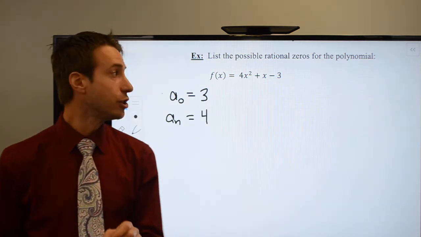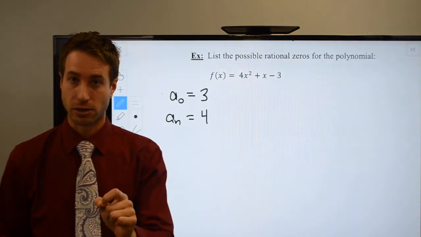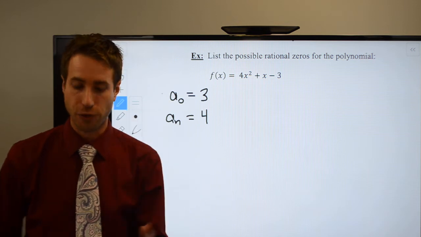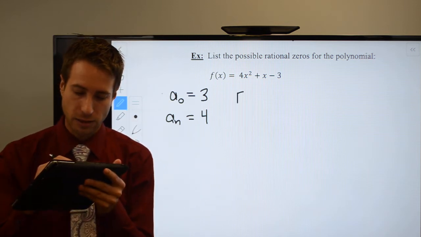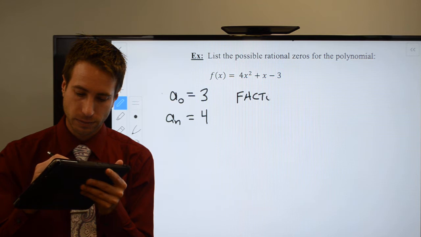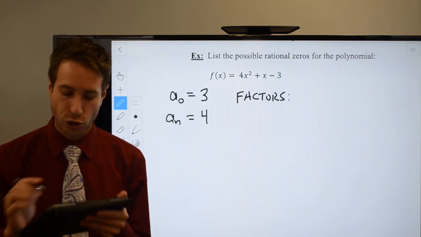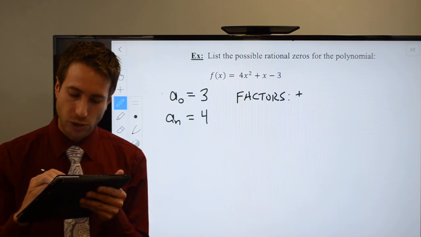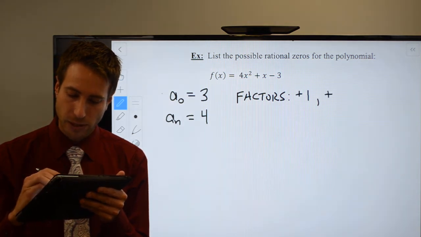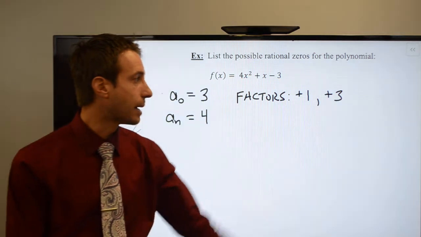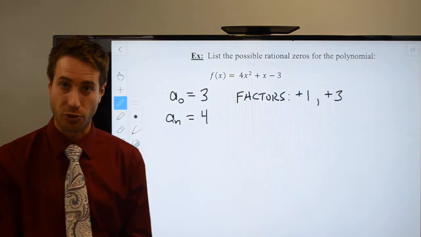Now what you're going to do is find the factors. You need all the factors of those two numbers. So the factors of 3, which is actually a very short list. I could do +1 and +3. Positive 1 times a positive 3 gets me 3.